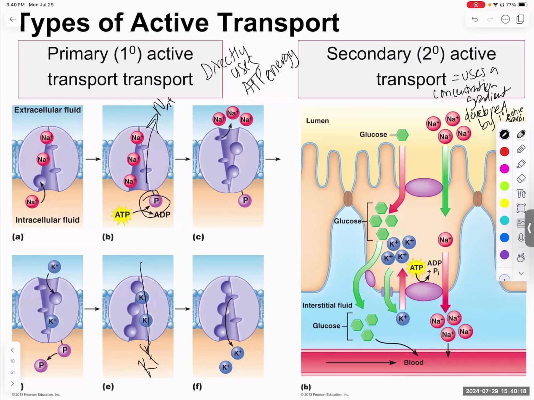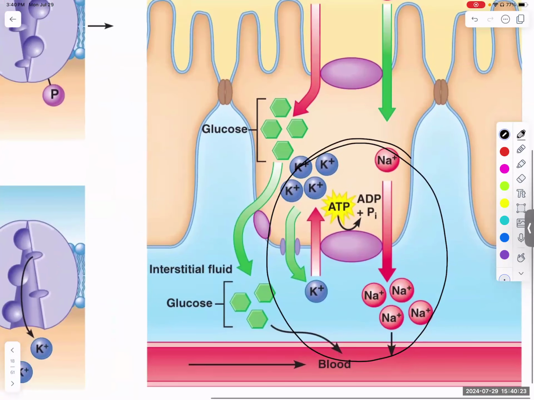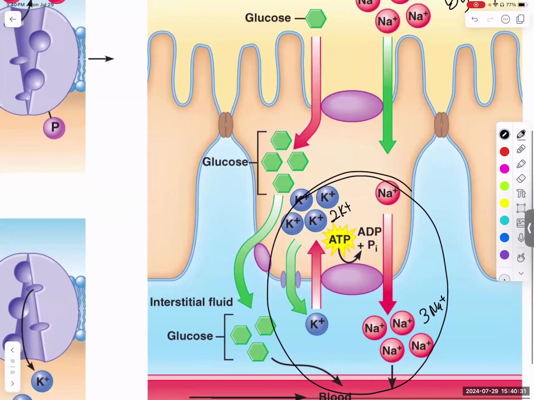And so here you have a sodium potassium pump. It's pumping 3 sodium out for every 2 potassium in. But what it's doing is actively transporting sodium out, so you have a low sodium concentration gradient here.